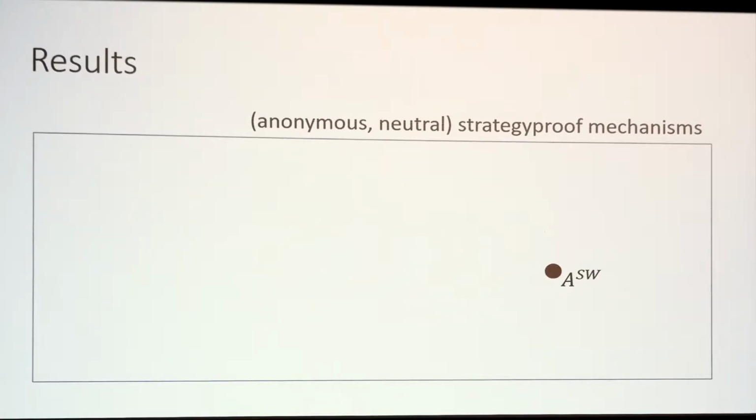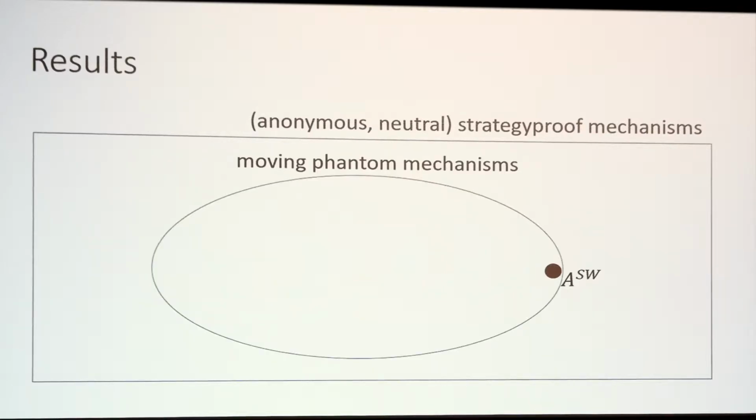So this is the lay of the land before our work. The box here is the space of all anonymous and neutral, meaning that candidates and voters are treated the same, strategy-proof mechanisms. And here we have this ASW mechanism in the box. What we do is define a class of mechanisms that we call moving phantom mechanisms. We show that these are all strategy-proof, and that the social welfare maximizing mechanism actually lies in here.